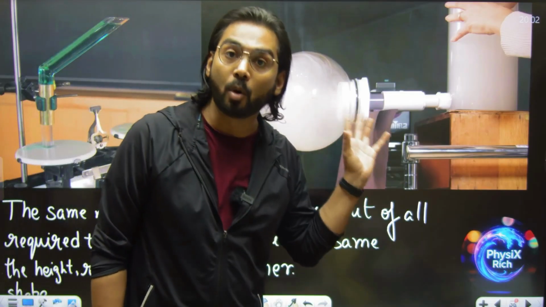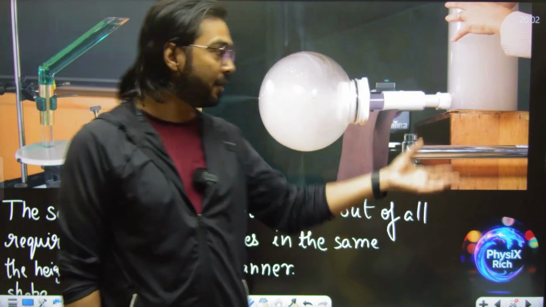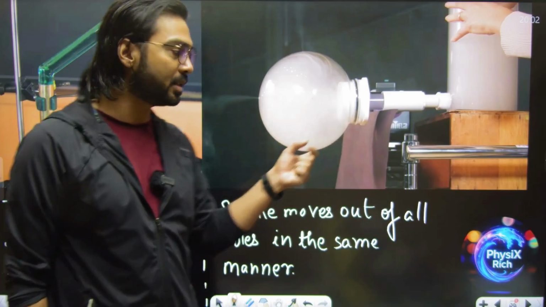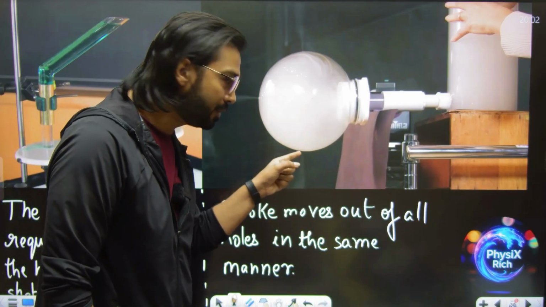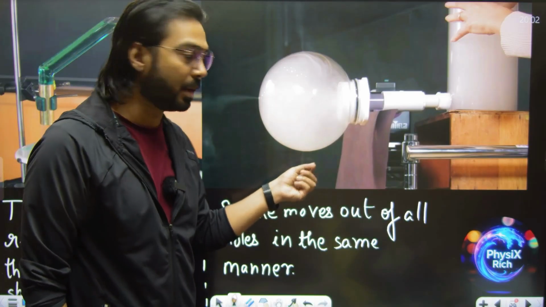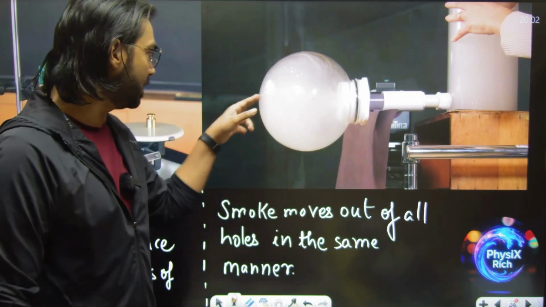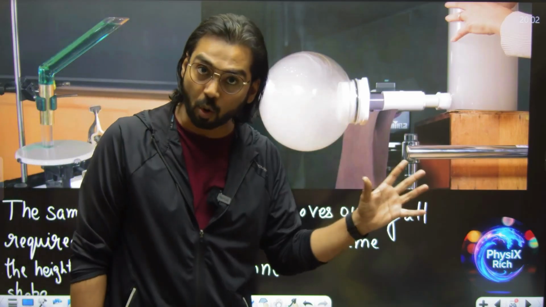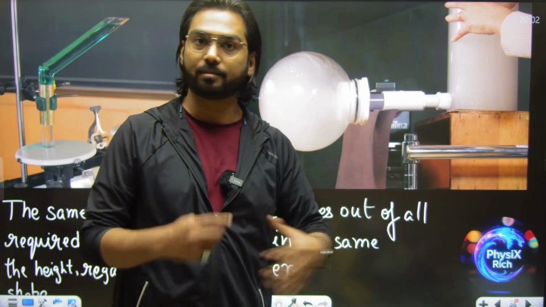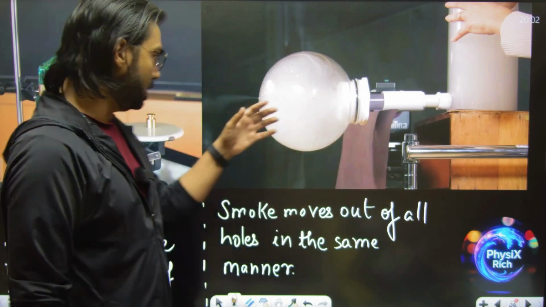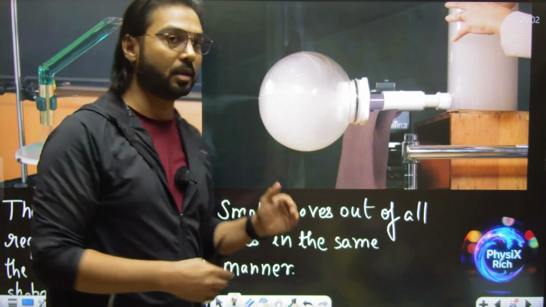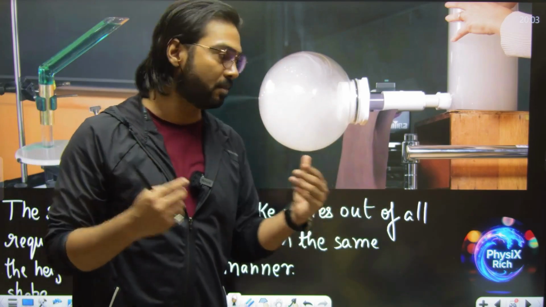But this is smoke. This is not liquid. If this was liquid, you would notice that the liquid would be coming out of this hole a little faster, because this one has more pressure, this one has less pressure. But because this is smoke, smoke is gas. They are all coming out in the same manner.